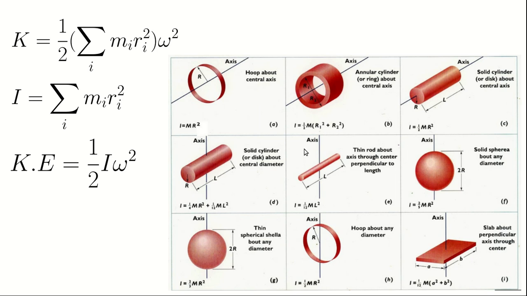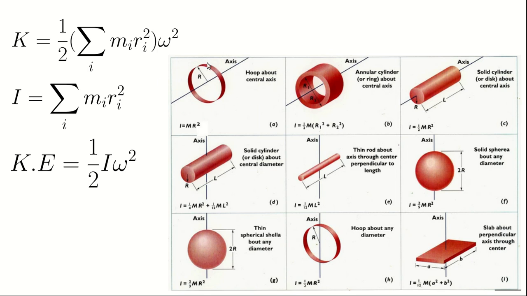Now these are lists of different shapes and bodies with their moments of inertia. You might be interested in calculating a particular one of these bodies undergoing motion, and you will need the moment of inertia. This one is a hoop about the central axis.